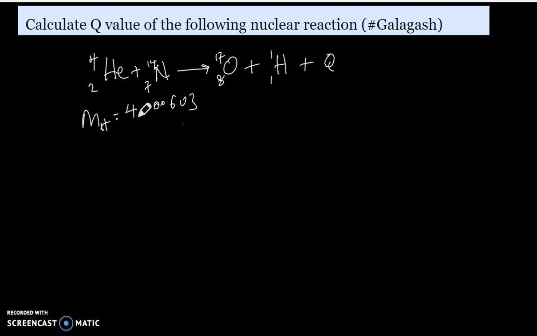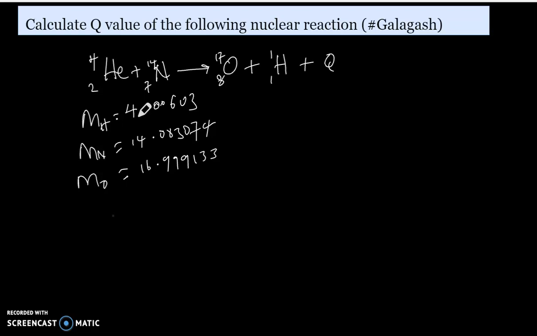4.00603 as the mass of helium. And let's take the mass of nitrogen to be 14.003074, and the mass of oxygen to be 16.999133.